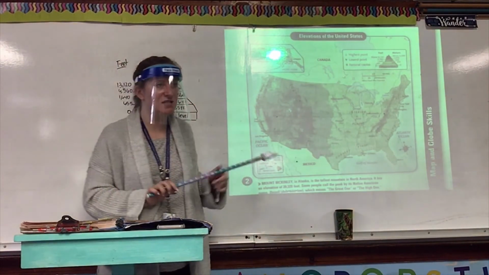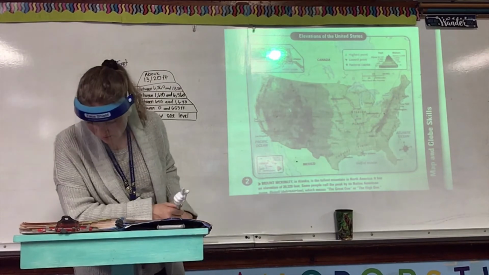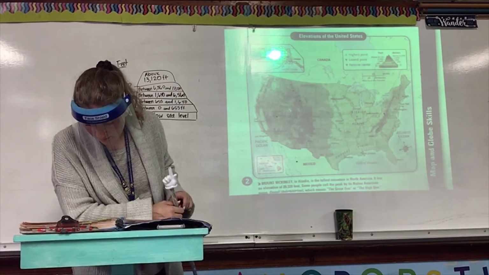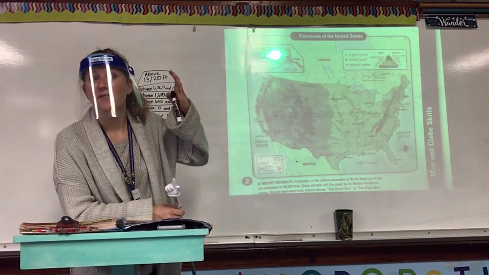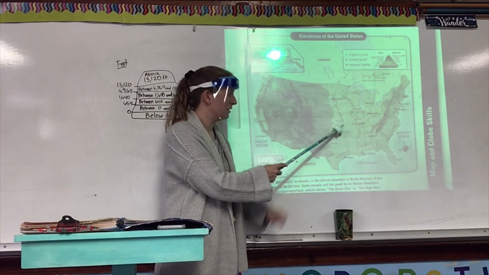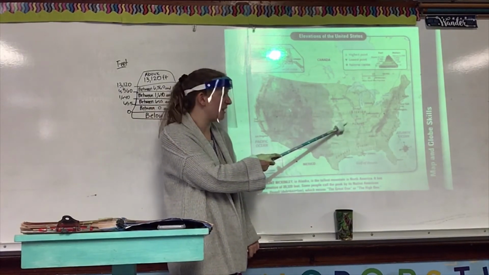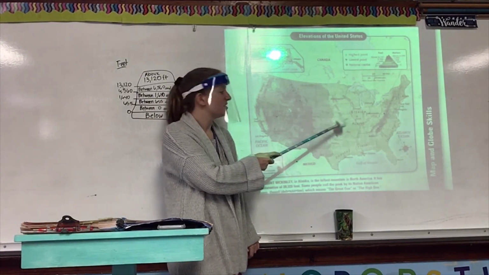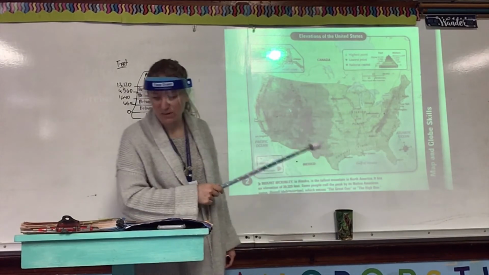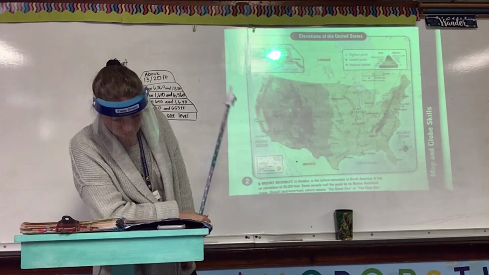So that means its range is between 655 and 1,640 feet. Good. Here it is. It's in the plains. It's not entirely flat, but it's mostly flat. So Kansas City is yellow, so it's between 655 and 1,640.